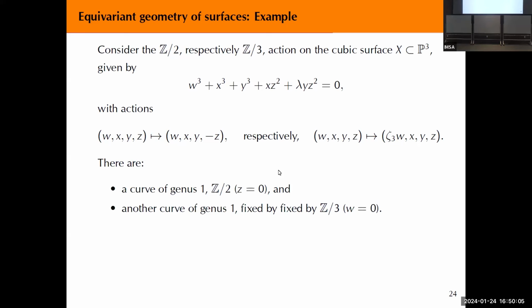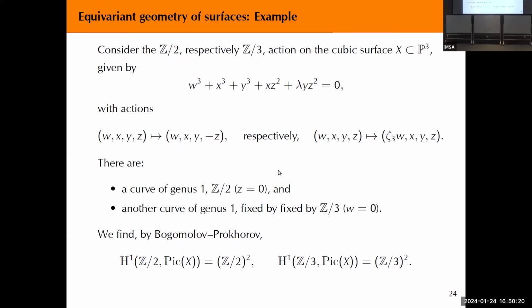In the first case, you have a curve of genus 1 when you put Z equals 0. And in the second case, you have another curve of genus 1, W equals 0. And so correspondingly, by Bogomolov-Prokhorov, for the Z mod 2 action you get Z mod 2 squared, and for Z mod 3 you get Z mod 3 squared.